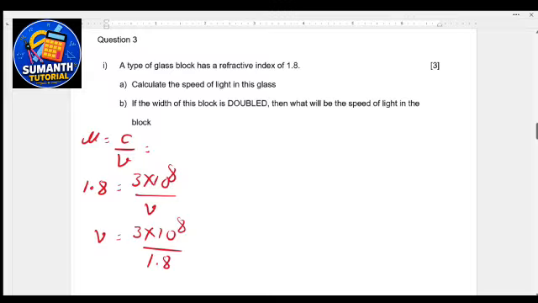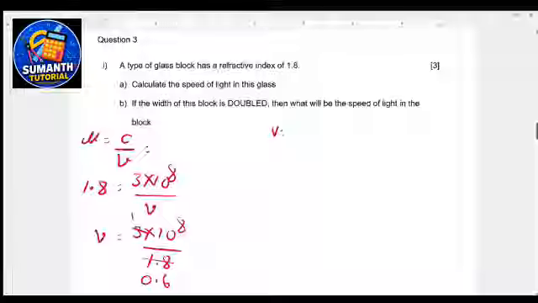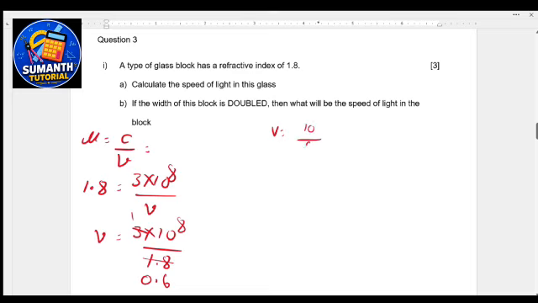And you know it very clearly how to solve it. See here, V is equal to, here 3 ones are 3, 18 is 0.6, 0.6 can be written as 6 by 10. So it is 10 divided by 6 into 10 raised to 8.